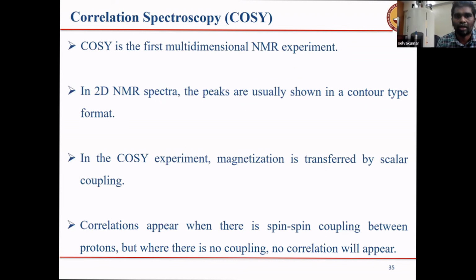In 2D NMR spectra, the peaks are usually shown in contour format. In the COSY experiment, magnetization is transferred by scalar coupling. The correlations appear when there is spin-spin coupling between protons, but where there is no coupling, no correlation will appear. Wherever the protons are attached to adjacent carbons, we will get the correlation.